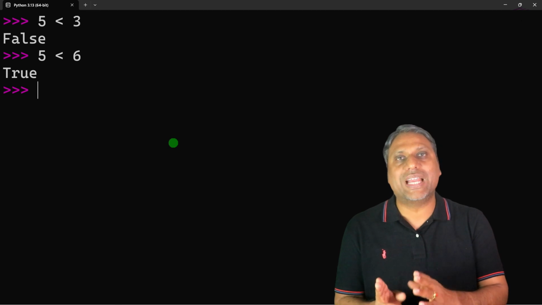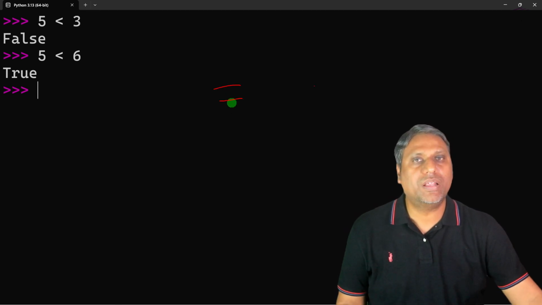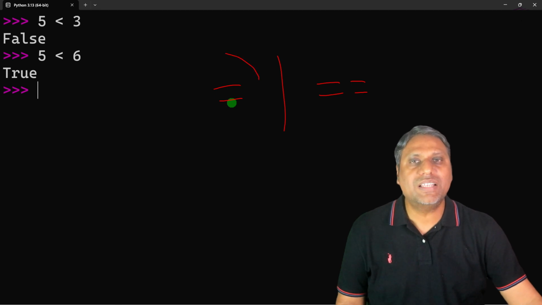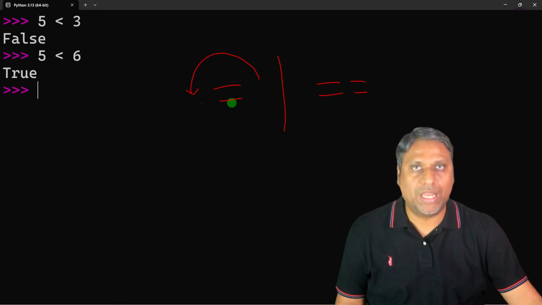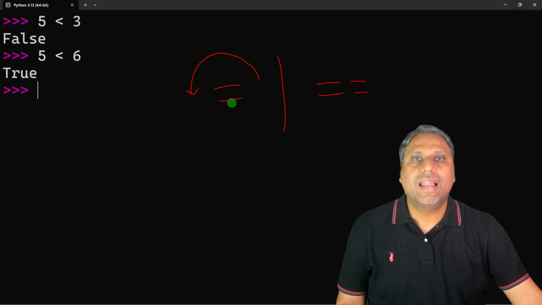Now, there is an equals operator also. What does it check? It checks for equality. Okay. So how does it work? Let's take the assignment operator and the equals operator. So what is the difference? The difference is that the assignment operator will assign the right hand side value to the left hand side variable, while the equals operator will check whether the left hand side value is equal to the right hand side value or not.